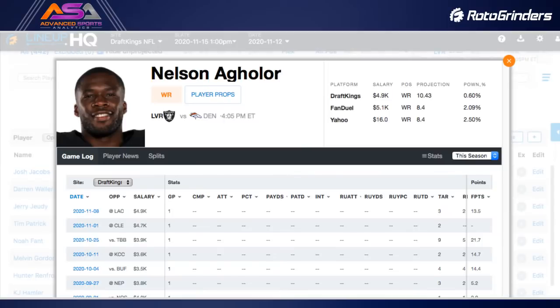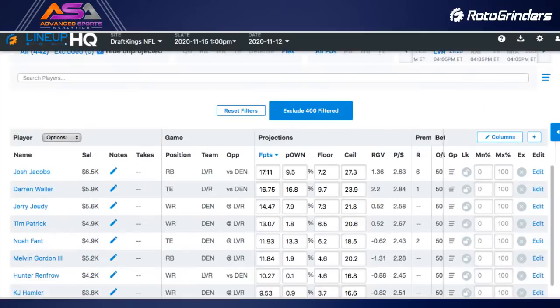So I have good confidence that if Carr has an exceptional game, 300 yards, 3 touchdowns, Aguilar will have at least an at-value or above-value game. To me, he would be the guy I'd pull as a double stack with Waller and Carr.